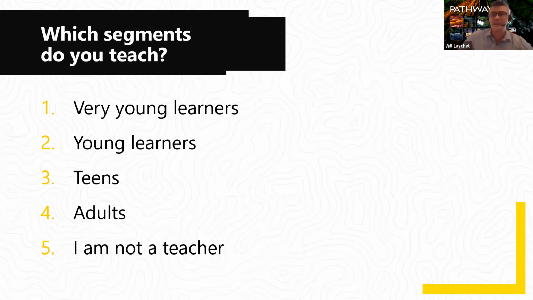That's perfect, because the program we're looking at today, Pathways, is an academic skills program, which is perfect for teens and for adults. So for the majority of you, you're in the right place, looking at the right program today. Also interesting for me, I can see 62% of you did attend on Tuesday. It's great to see so many of you coming back.